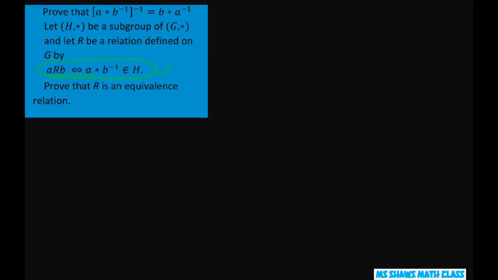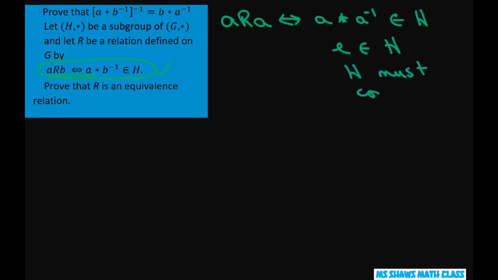So what we want to write is A is related to A if and only if A star A inverse belongs to our subgroup H. So that means E belongs to our subgroup H, which is true because H must contain the identity. Okay, so it is reflexive.